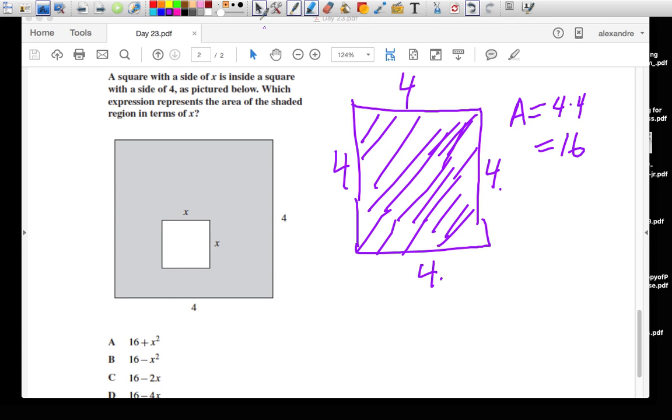Now we want to draw something smaller, the little square. We don't have values; we have that this is x and that this is x. How do I find the area? Every side is x, or call it whatever you want, A, B, or C. So the area of this would be x times x, the height.